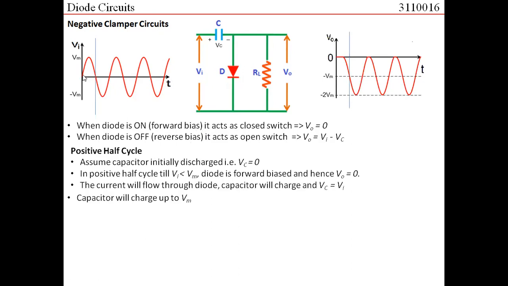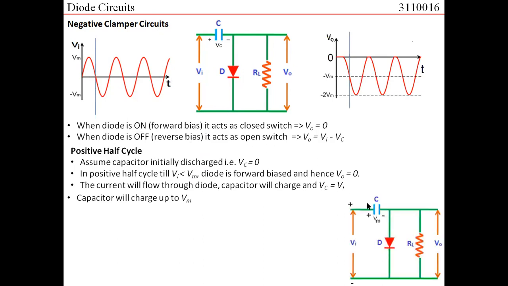So, as the voltage increases from 0 to Vm, because Vc is initially 0, the diode would come into a forward bias state. Right? What is the case? The case is you have this terminal positive, this terminal negative. The voltage across the capacitor initially is 0, so the diode is in forward bias condition, and hence your output voltage would be 0, but the current would flow in this loop, and hence the capacitor would charge.